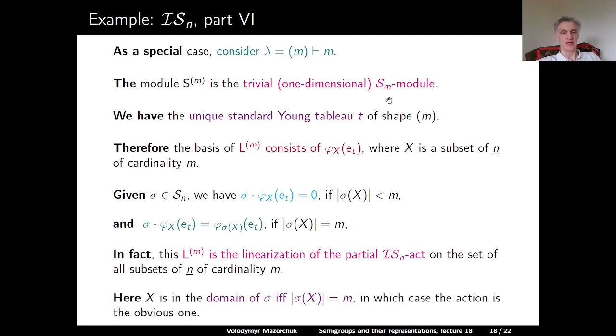Here, a subset X of cardinality m is in the domain of sigma if and only if sigma of X has exactly m elements, in which case sigma sends X to sigma of X. If sigma of X has less than m elements, then sigma of X is not defined, and X is not in the domain of sigma.